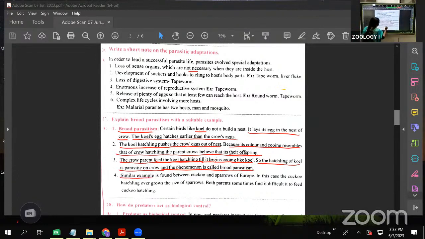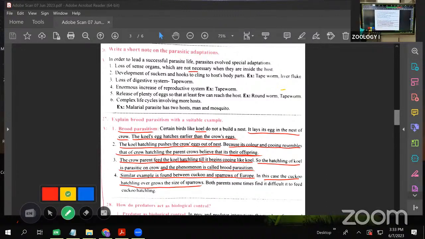A similar example is found between the cuckoo and the sparrow of Europe, where the cuckoo hatchling overgrows the size of the sparrow. Clear? For example, the crow makes the nest, and inside the nest the crow eggs are already there. The koel lays eggs in this nest, and these eggs hatch early.